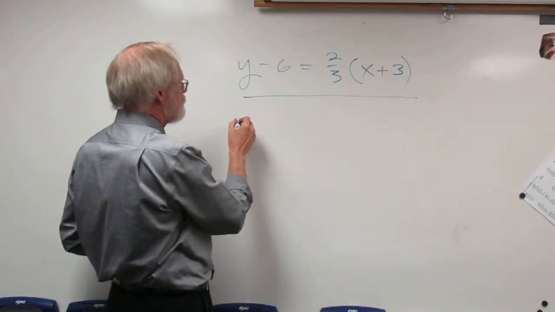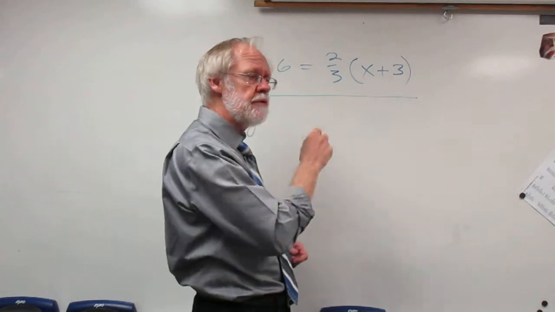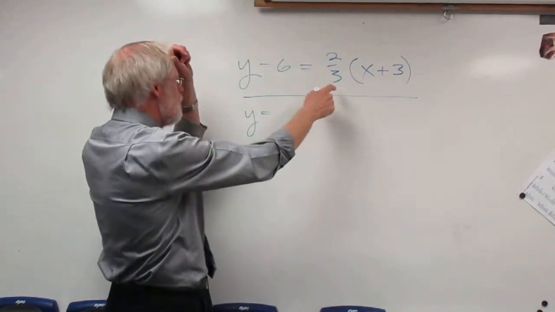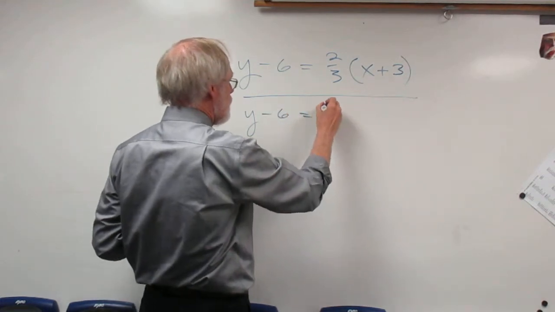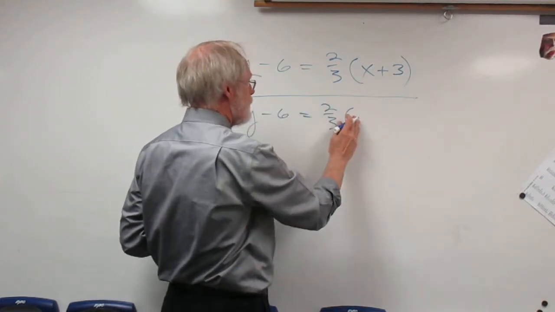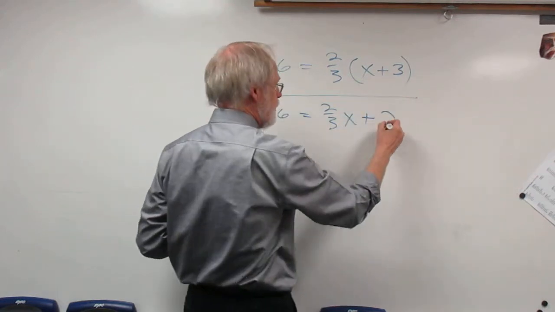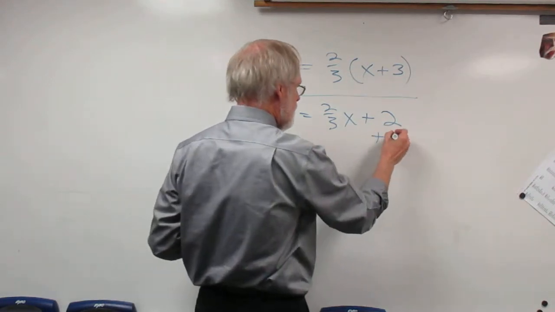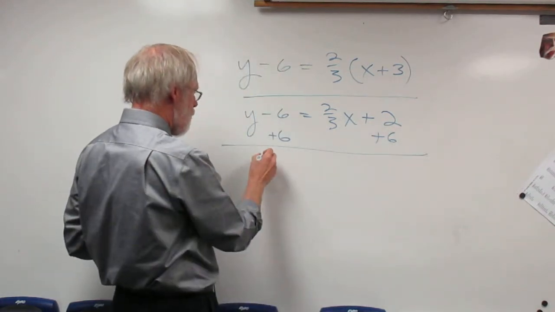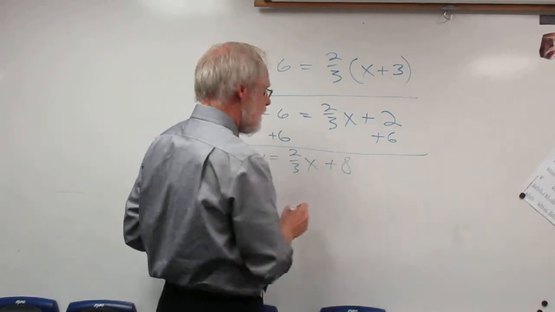All right, now, in order to change it into slope-intercept form, I am going to multiply this out. So I get y minus 6 equals 2/3 times x plus 2/3 of 3 is 2. Okay, I add 6 to both sides, and then I have y equals 2/3 x plus 8.